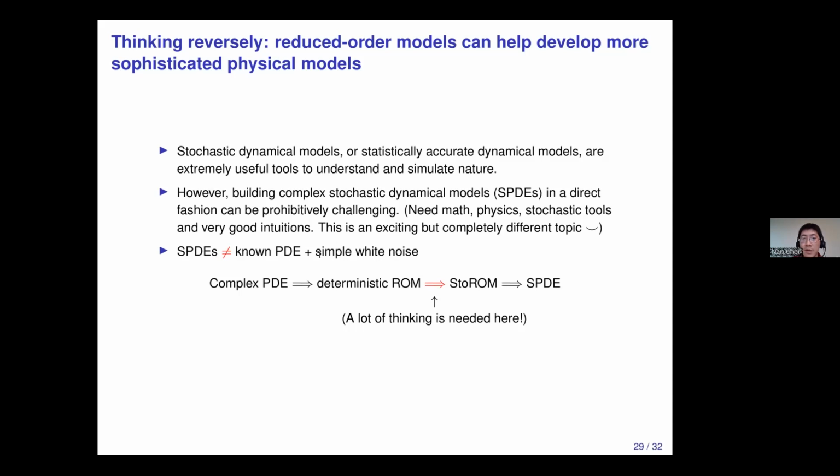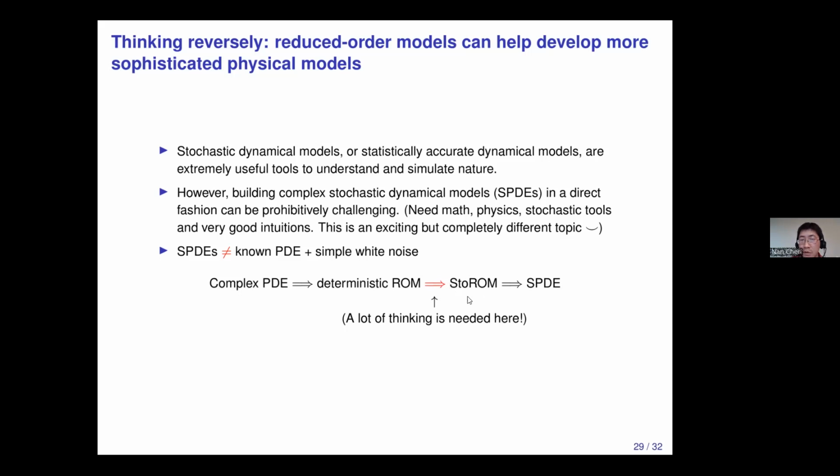So usually there's a nice way to go from PDE to SPDE, but not directly. So what you do is you start from your complex PDE, you apply a deterministic method to build the deterministic reducer models. This is what many audience you know very well. And then based on these deterministic reducer models, we try to add stochasticity to make that stochastic.